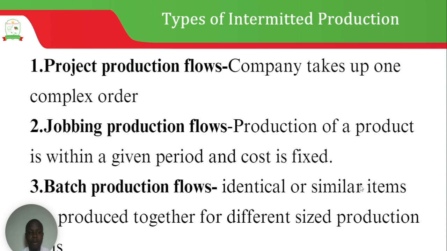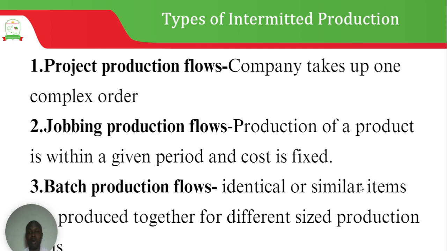And also we have batch production flows. Here, identical or similar items are produced together for different sized production runs. Because we are saying they are identical and similar, examples are food products such as meals, baked foods, and sporting goods.